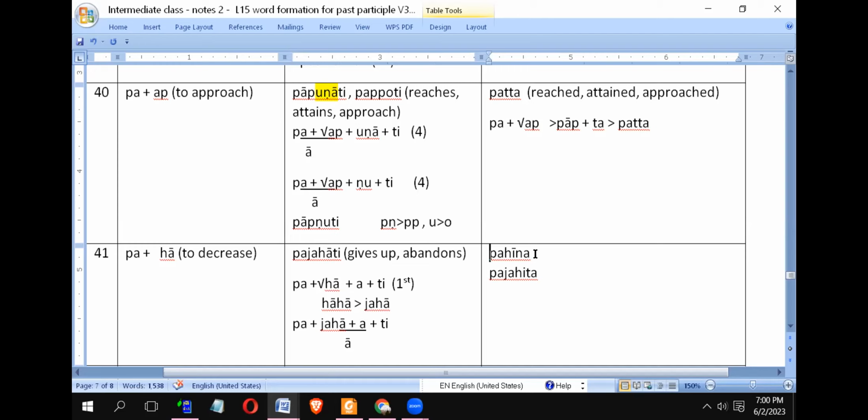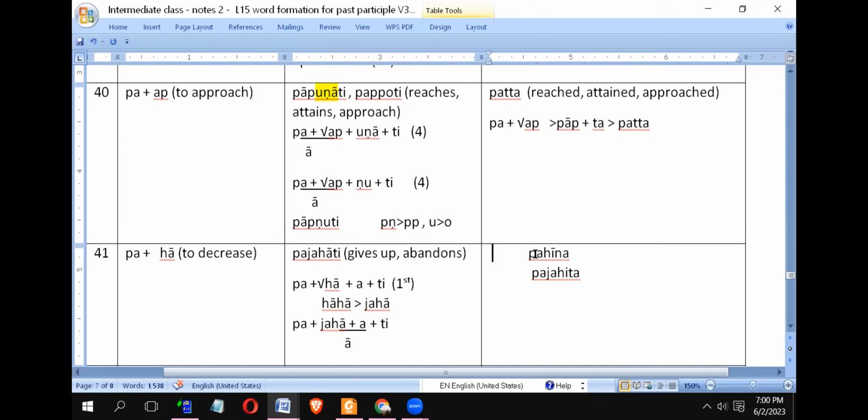Okay, let's try this one. Pahina. So again, Pa again, right? You base it on the root or on the verbal base, so you have to choose one of these two. The verbal base will still be Jaha plus Ta, right? Pajahata is the verbal base.